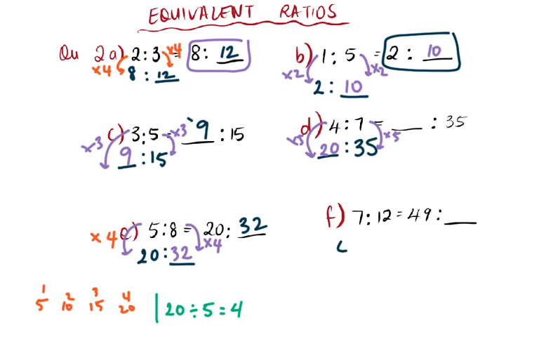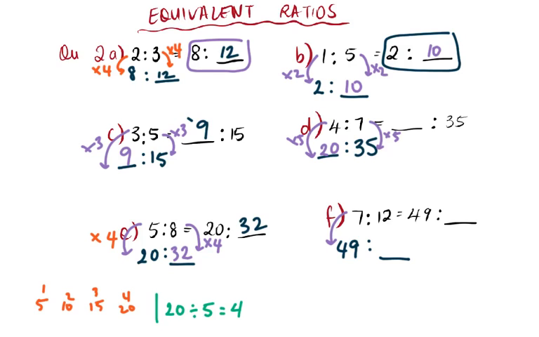So again, we go 7 to 49, and we've got to find the equivalent ratio to that. So what we've got to figure out is, how do we go from 7 to 49? What can we multiply to get that number?